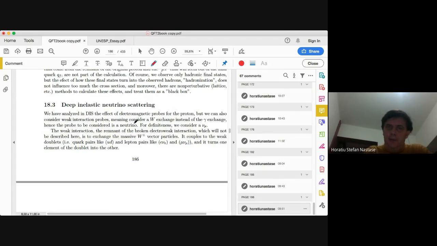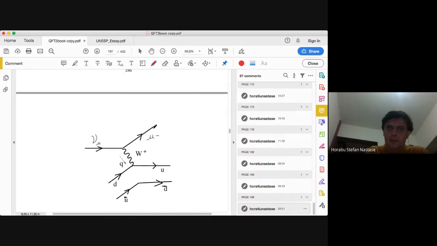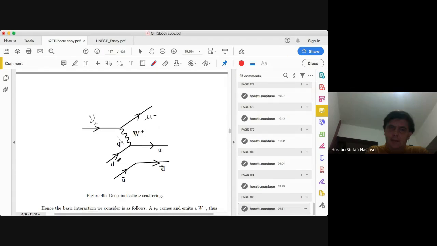So for definiteness, let's consider a muon neutrino. So the process then is like this.